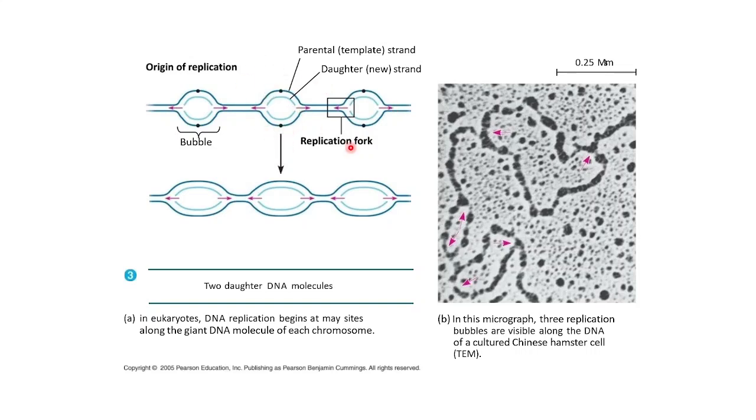It's a simple way of portraying it, but it's not that simple. It mostly remains coiled. This is the origin of replication, where the bubble formation happens, and then it starts complementing each other, and then it grows.